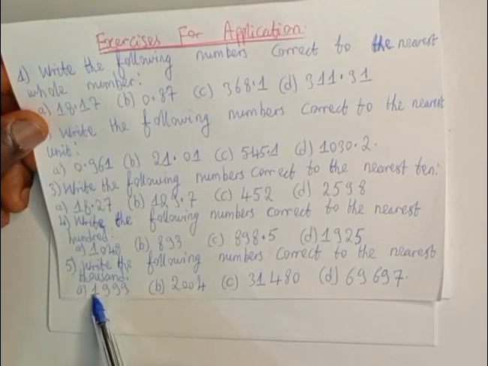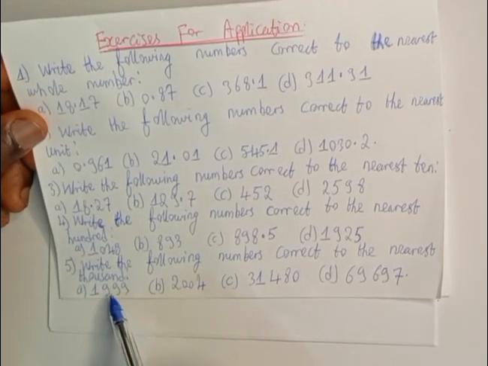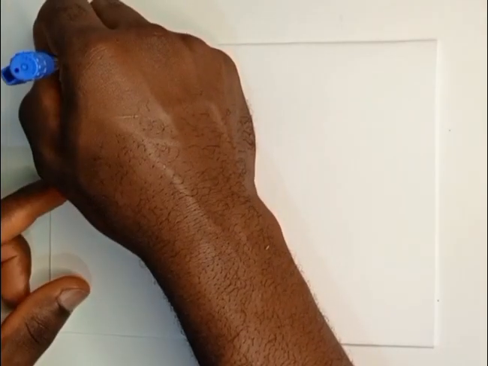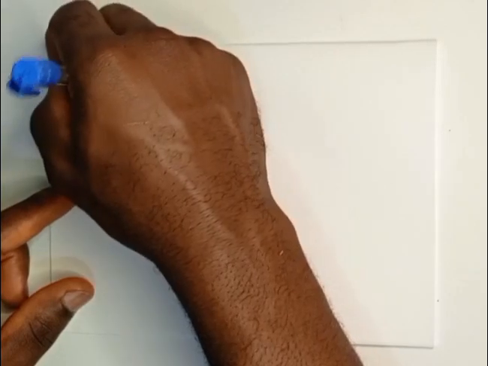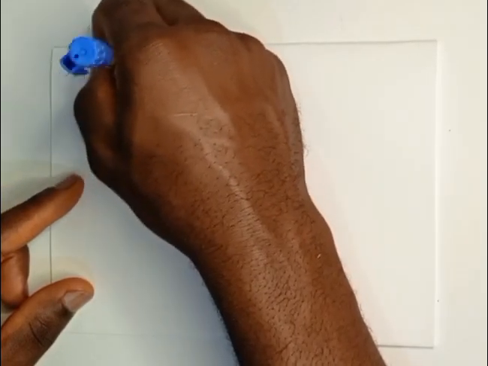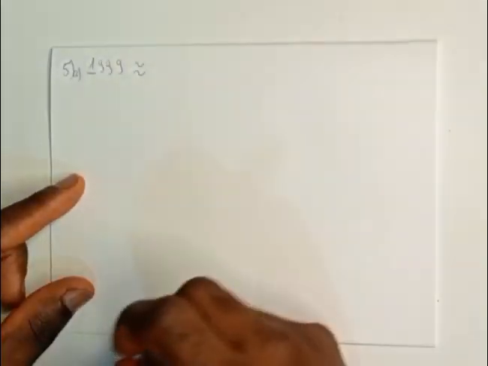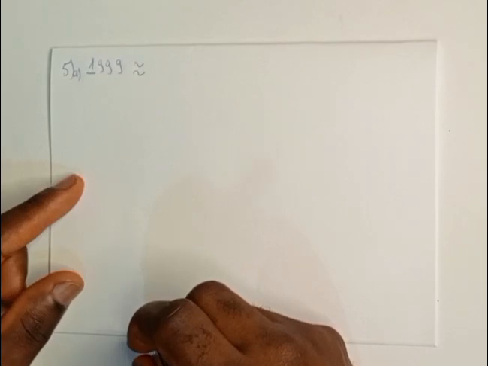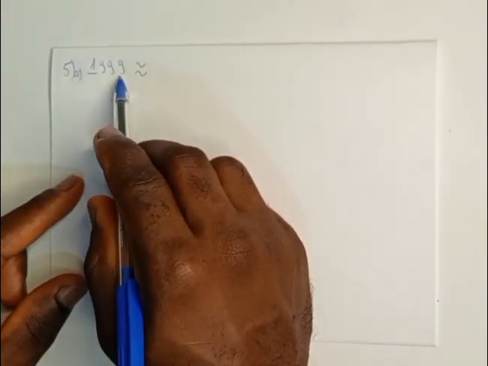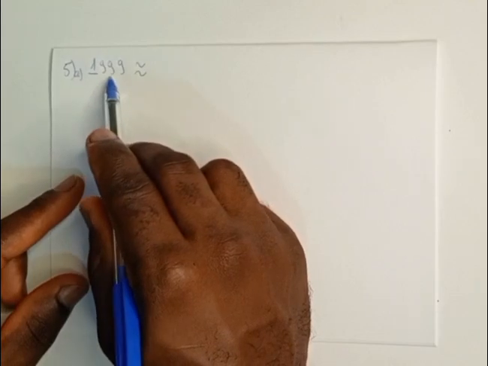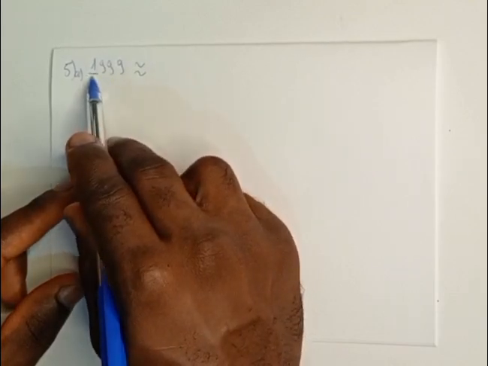For A, we have the number 1999. 1999 to the nearest thousand. This will simply be approximately. We need to identify the different place values. This is units, tens, hundreds, thousands.